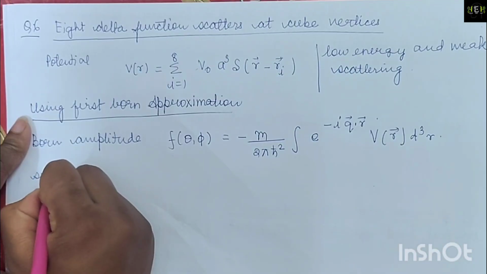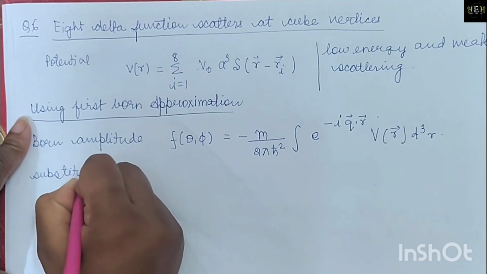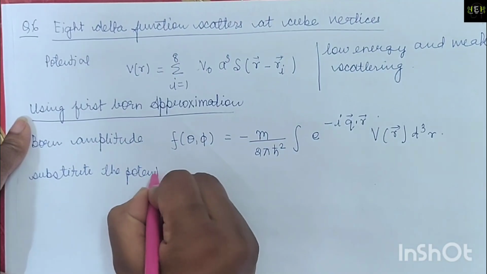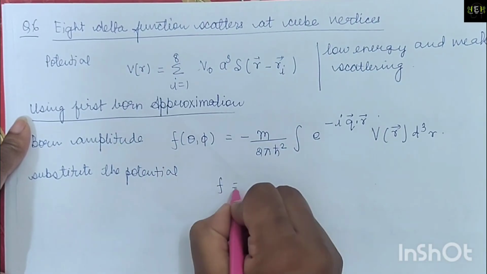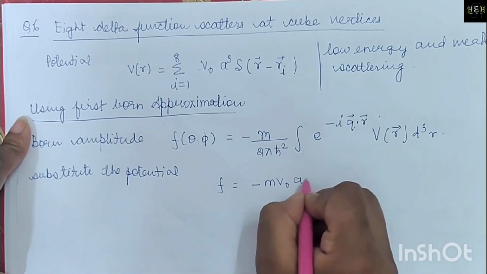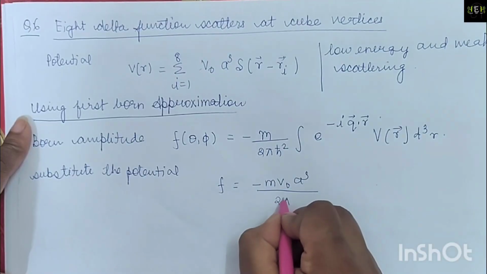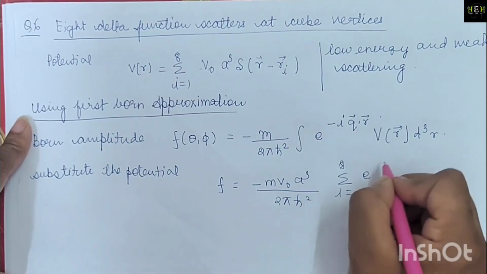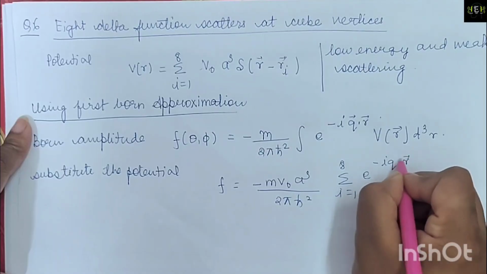Now I will substitute the potential. f is equal to minus m V naught a cube, all the constants will come out, over 2 pi h cut square, summation i equals 1 to 8 e to the power minus i q dot r. Is this okay?